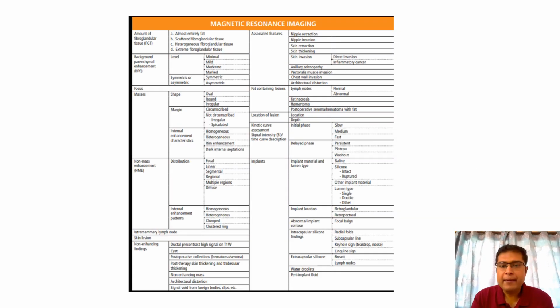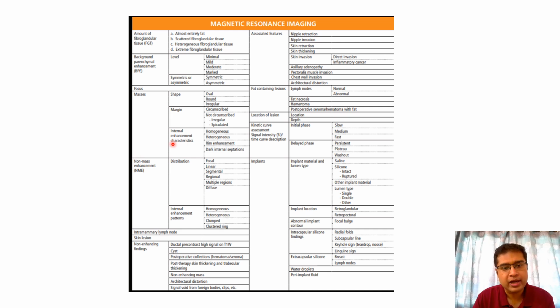So this is the MRI BI-RADS lexicon, which has to be followed in any case of MRI breast reporting, which specifies the amount of fibroglandular tissue, whether it is type A, B, C, or D, the background parenchymal enhancement, its level and its symmetry, and in a mass, its shape, margin, and internal enhancement characteristics.